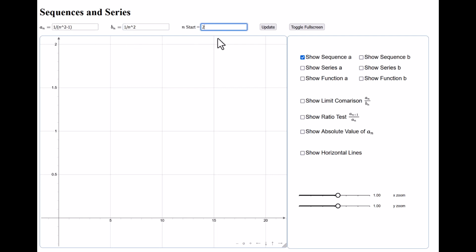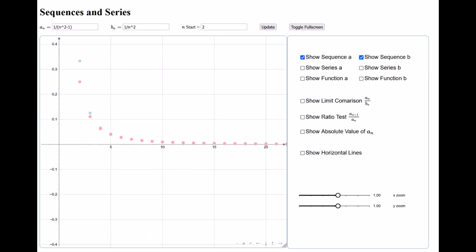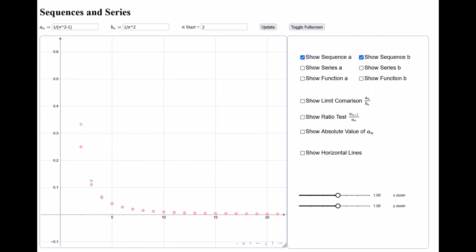We started with n equals 2 because this resulted in division by 0 when n was 1. So that's fine. Okay, so when I hit update, all I'm seeing currently is just the sequence points of A, the one that we want to know about. So let's take a look at the sequence points of B. All right, so I could possibly zoom in a little bit here, see that a little bit better.